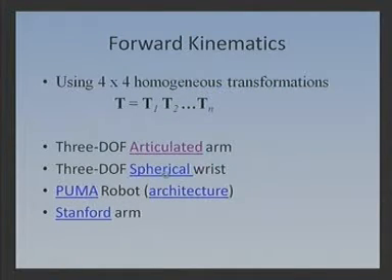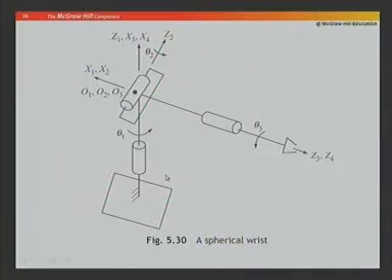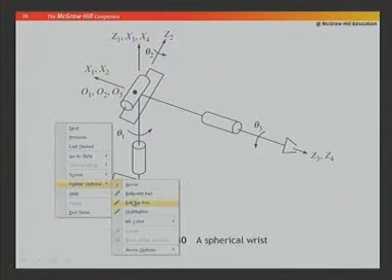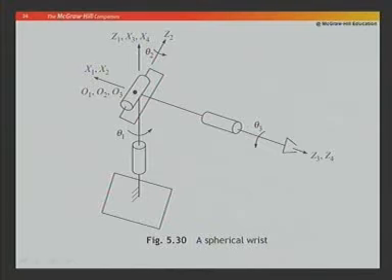Then looking at the spherical wrist, okay. Notice here what I have done is the last one for the articulated arm, this revolute joint which was parallel to this axis. So, for the articulated arm I had the axis like this, but for the wrist this is the axis.